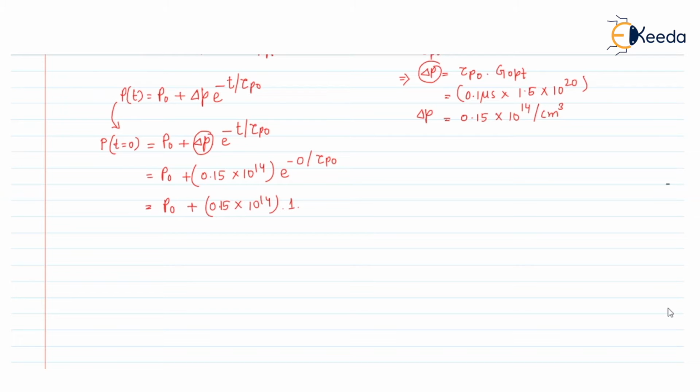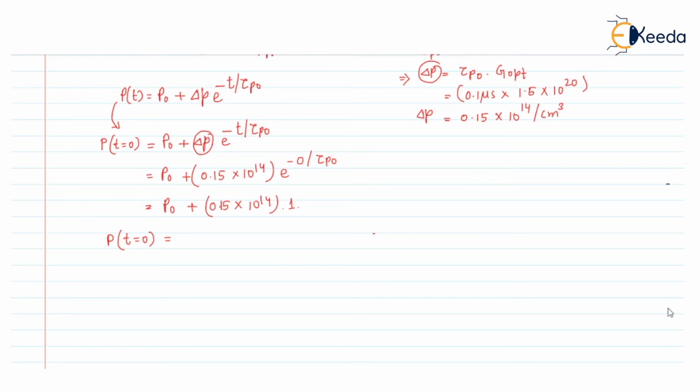Now we can say the value of P at T equals 0. So at T equals 0, the light has been turned off. From this equation, we can find that P at T equals 0 will be equal to P0 plus 0.15 into 10 to the power 14.